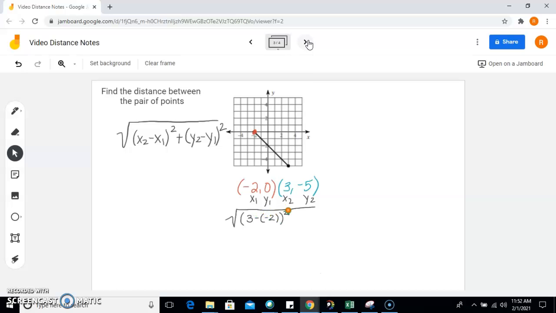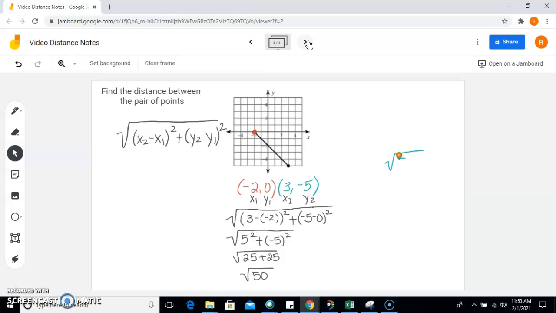Three minus negative 2 squared plus negative 5 minus 0 squared. This would give me 5 squared plus negative 5 squared, 25 plus 25, a negative times a negative is a positive, is the square root of 50.